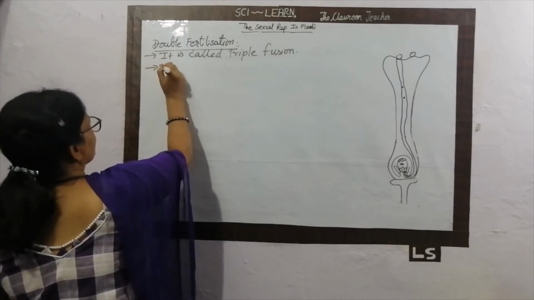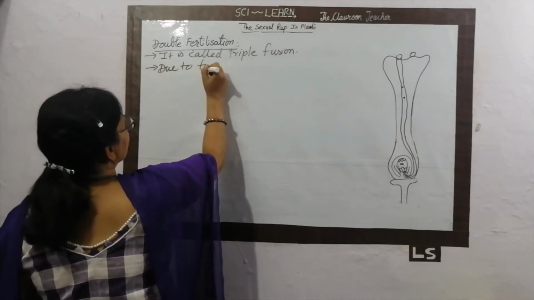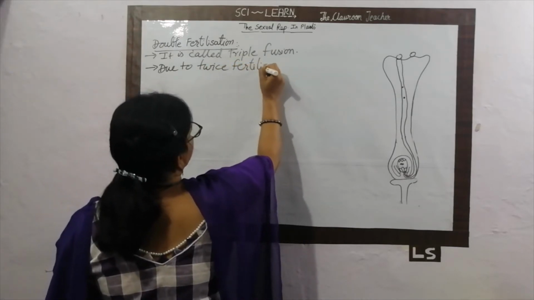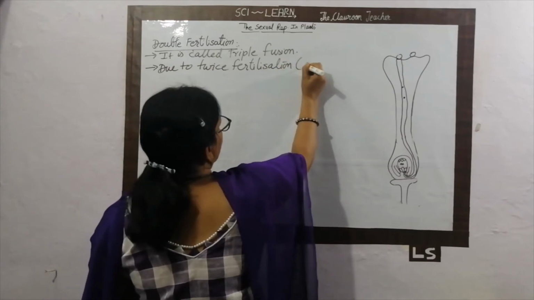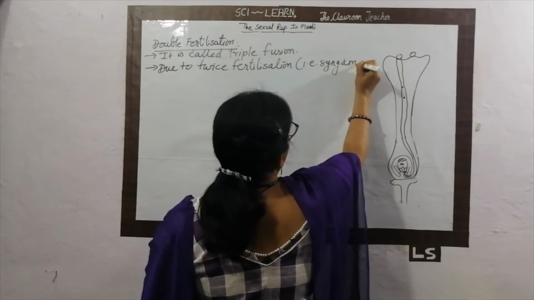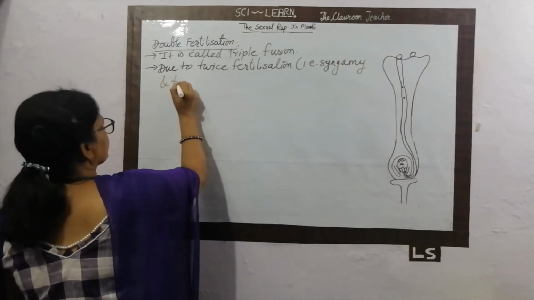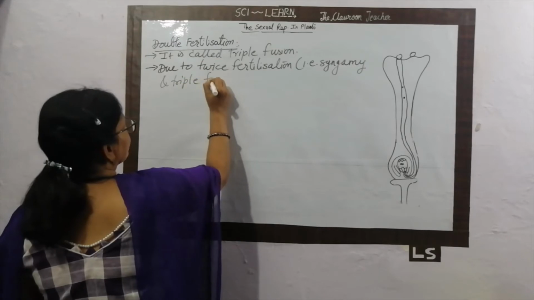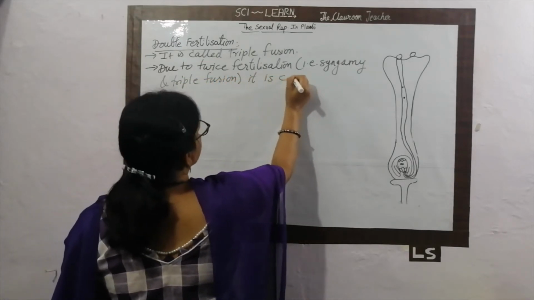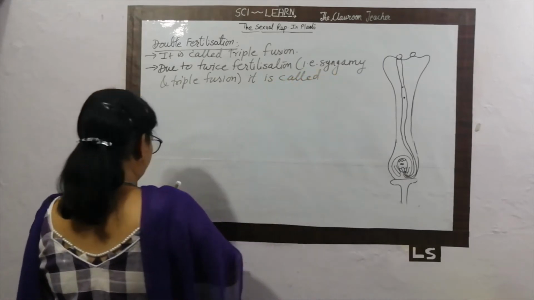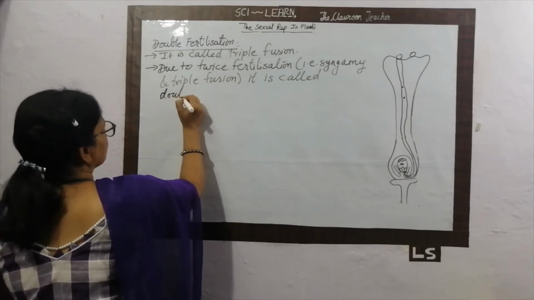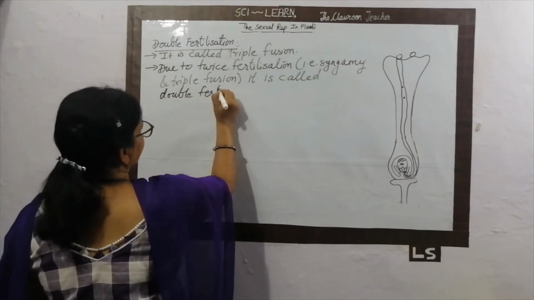Due to twice fertilization, that is syngamy and triple fusion, it is called double fertilization.